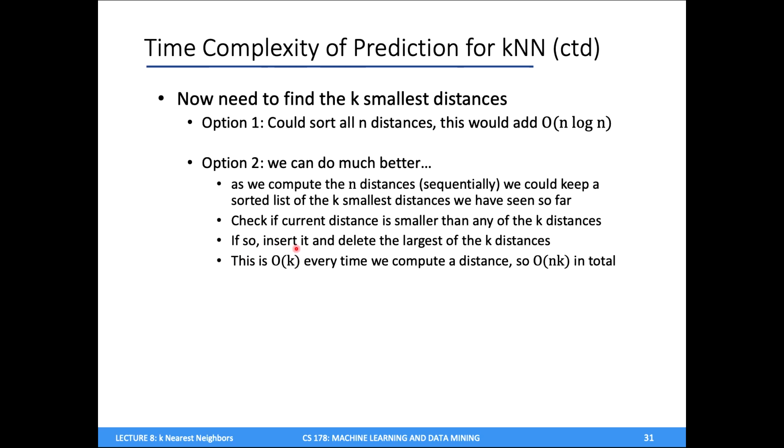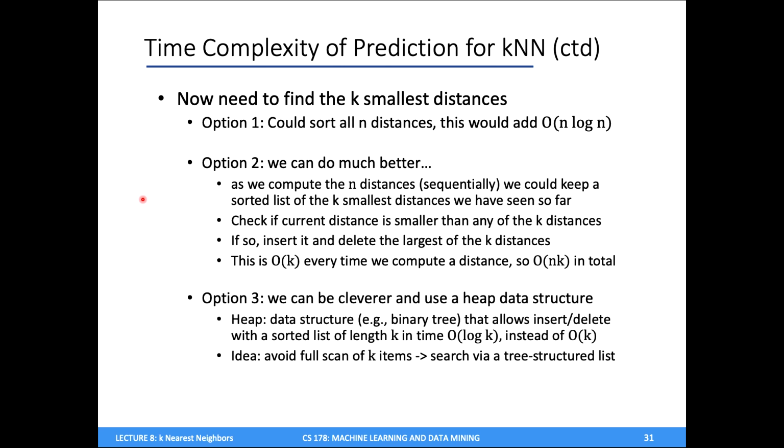If it is, we can insert that distance and then delete the largest of those k distances. And so this is linear in the number of neighbors k at every iteration of this loop. And we do n iterations of this loop, one for every single training data point. So we'll get O(nk) time complexity for this option.